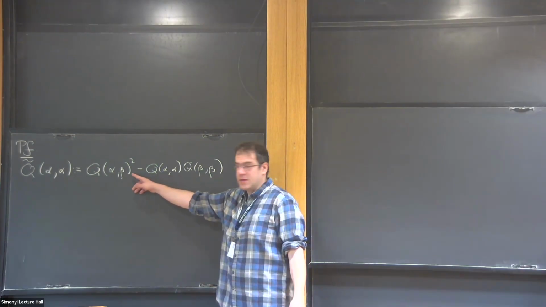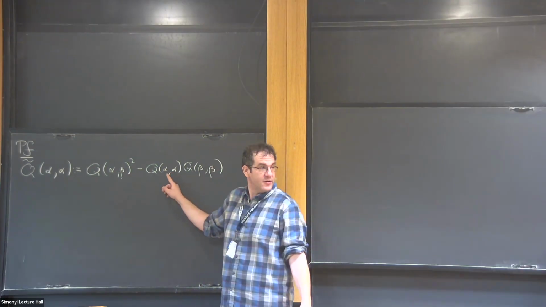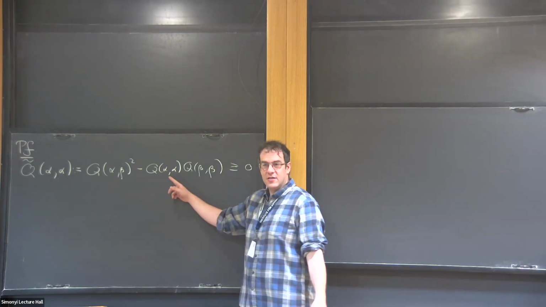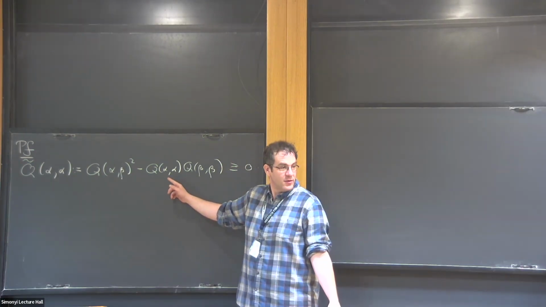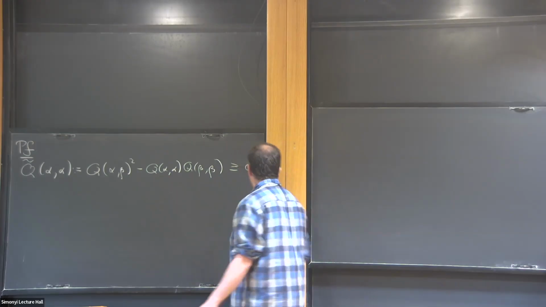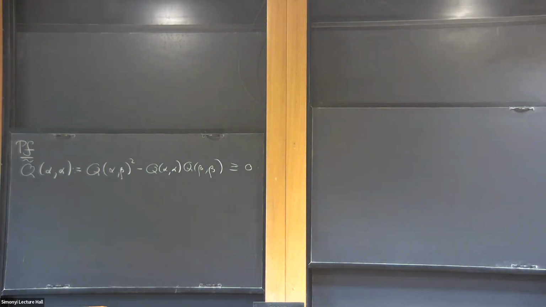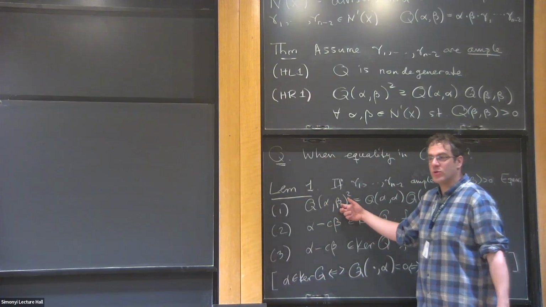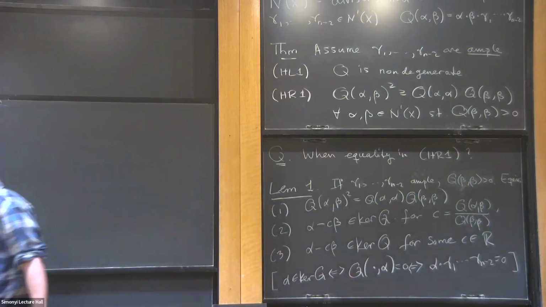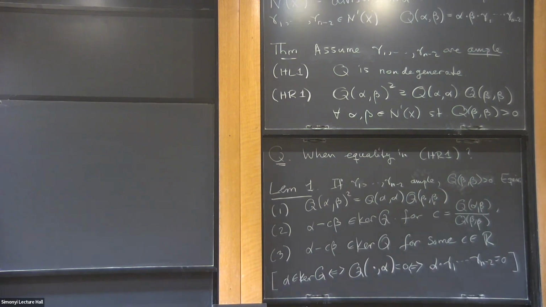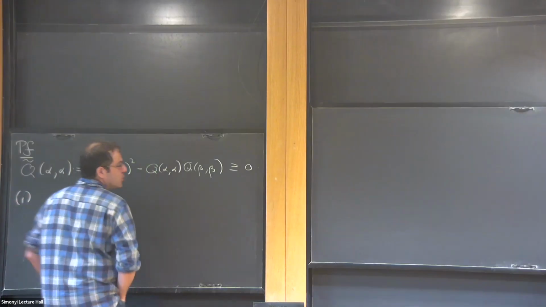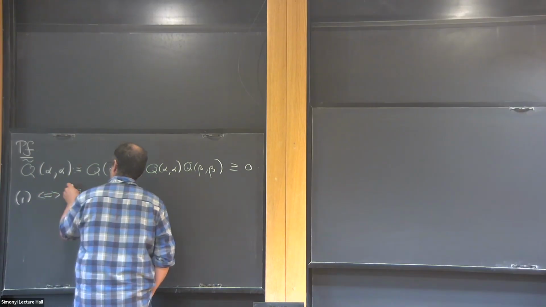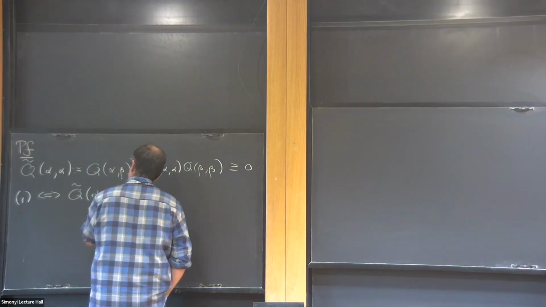So this is a quadratic form as a function of alpha, right? And the Khovanskii-Teissier inequality says that this is a positive semi-definite quadratic form. Now what we said in part one is that Q tilde alpha alpha equals 0. So condition 1 is just saying that Q tilde alpha alpha equals 0.